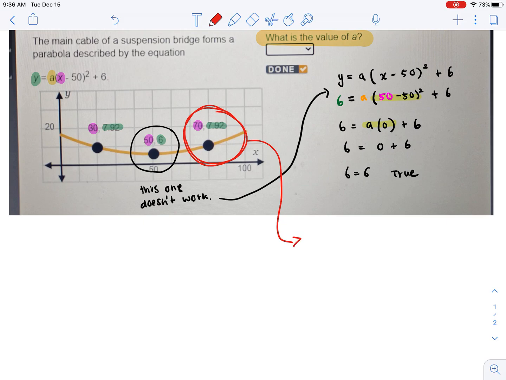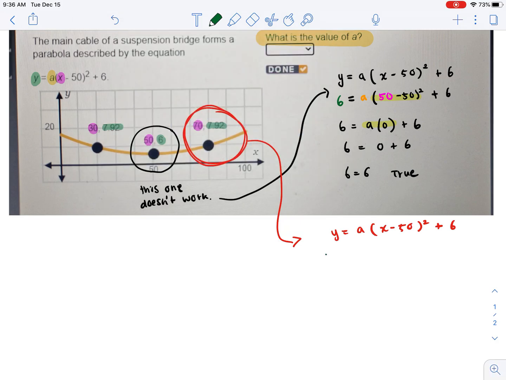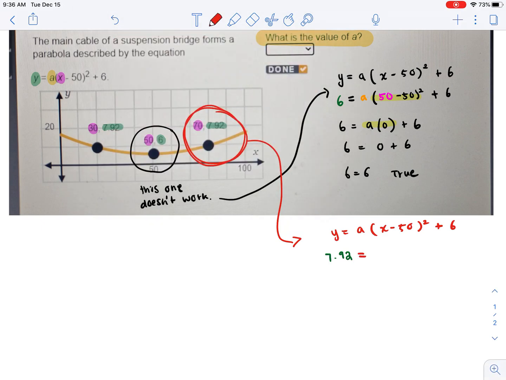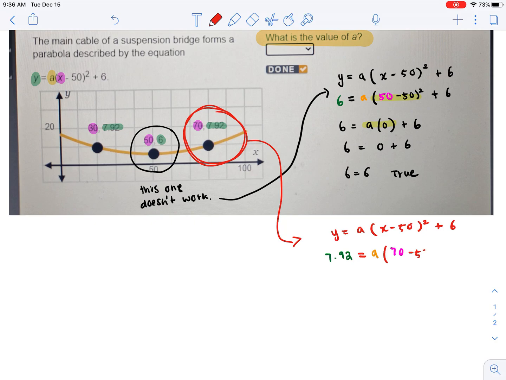Here are my steps. I have y is equal to a times (x minus 50) squared plus 6. I am going to substitute 7.92 into the y value: 7.92 equals a, which we don't know yet. My x is 70, minus 50, squared plus 6. And I'm going to do my calculations now.